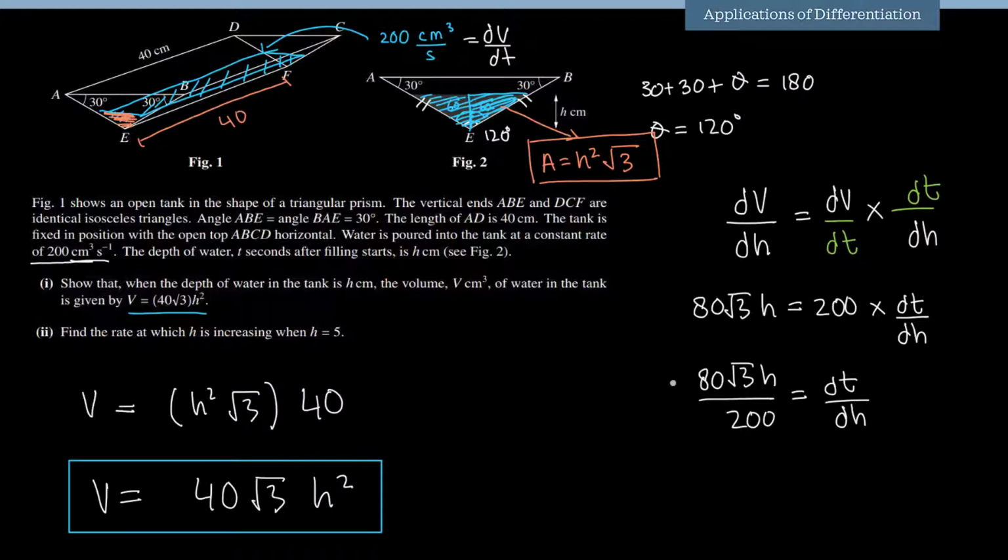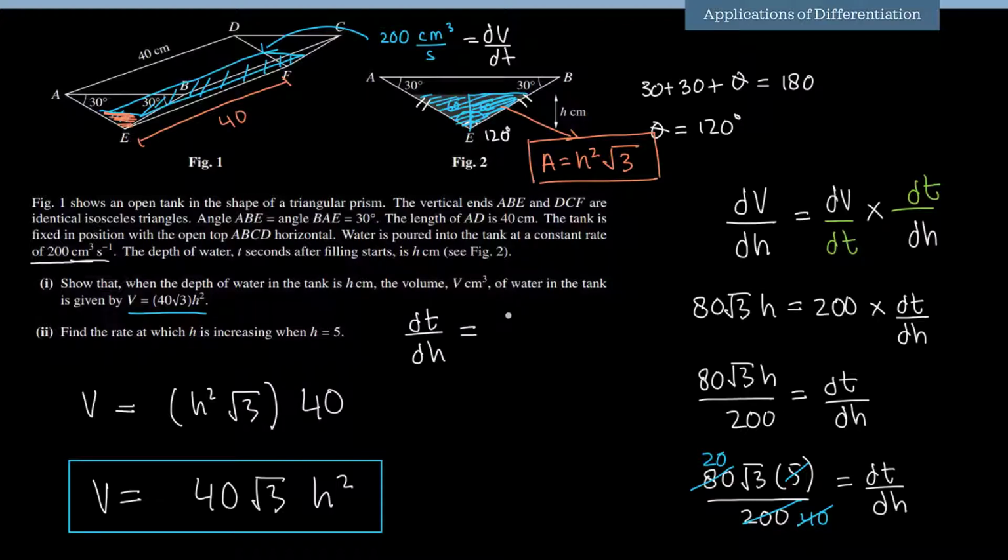So I'll replace this h with 5 and I'll get 80 square root 3 times 5 divided by 200 is equal to dt upon dh. 5 divided by 200 is 1 upon 40, and 40 divided by 80 is 20. So this is dt upon dh is equal to 20 square root 3.